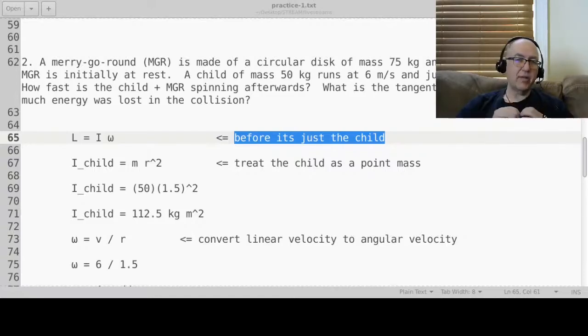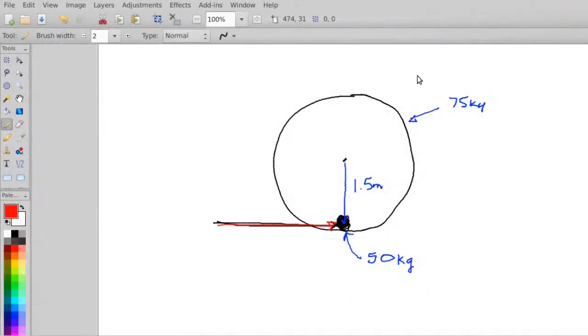And at the moment the child actually jumps onto the carousel, merry-go-round, even before grabbing, you could think of the child as having an angular momentum at that moment. That seems a little bit strange, but here's why. Let's go back to this picture again.